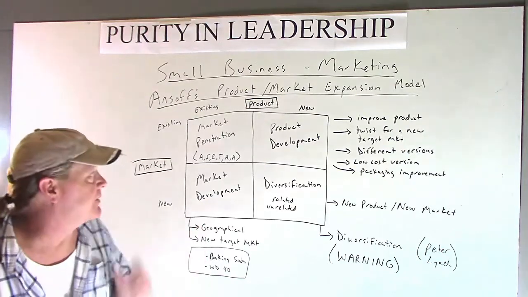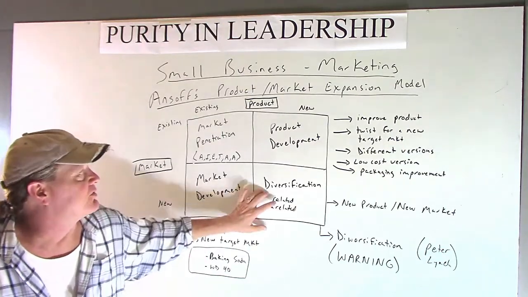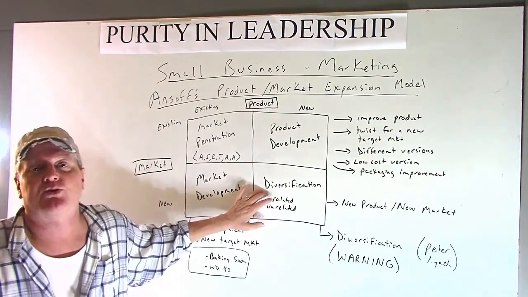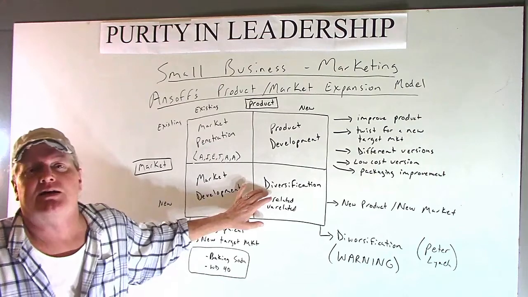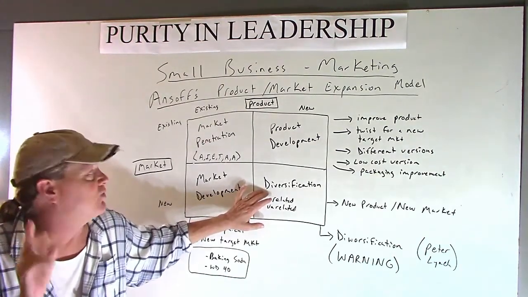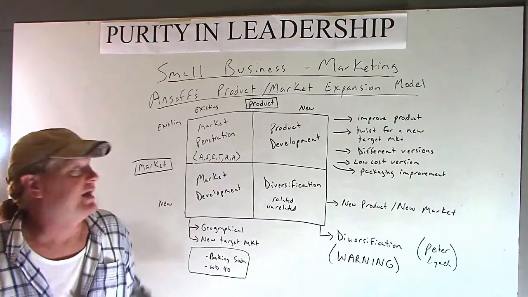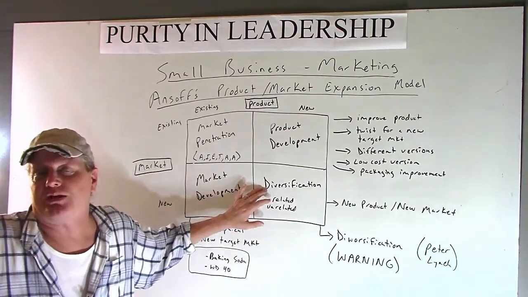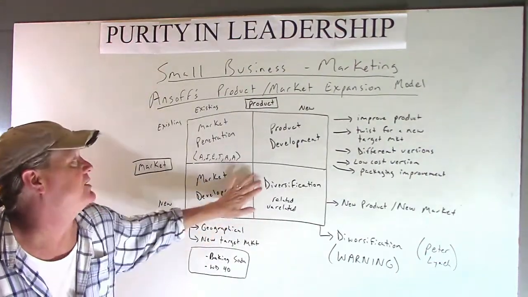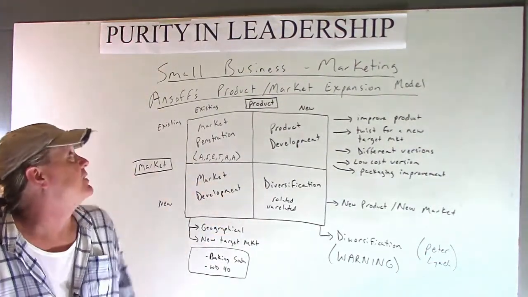So, diversification. If you've watched the movie City Slickers, the whole theme of one of those movies is the one thing. You have to find the one thing and get good at it. And once you start playing around with six or seven different things, you get bad at everything. So you have to be careful with diversification.